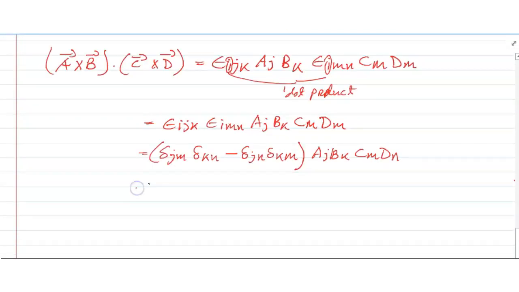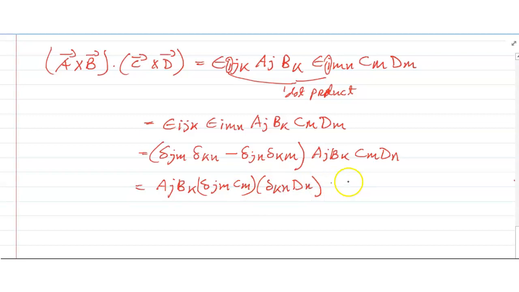After that it is just multiplying aj bk into del jm cm into del kn dn.